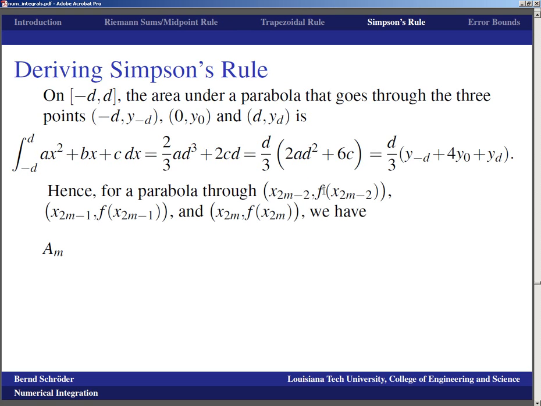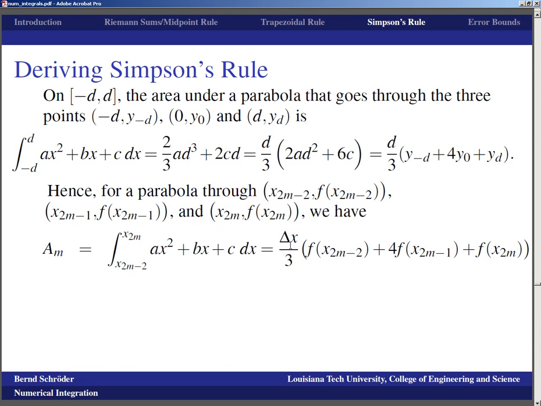And so for a parabola that goes through the points (x_{2m-2}, f(x_{2m-2})), (x_{2m-1}, f(x_{2m-1})), and (x_{2m}, f(x_{2m})), so if it goes through 3 consecutive points in our partition, we have that the mth area would be this integral, which ends up being delta x over 3.